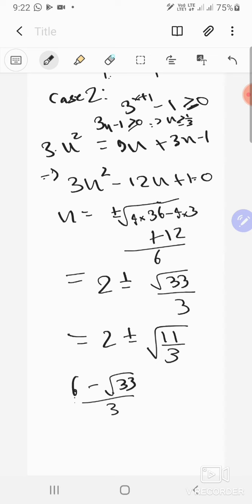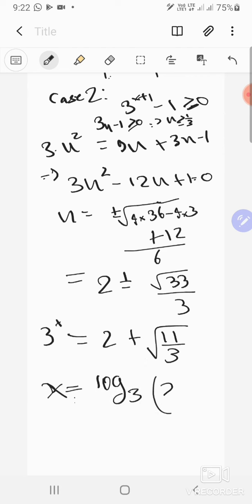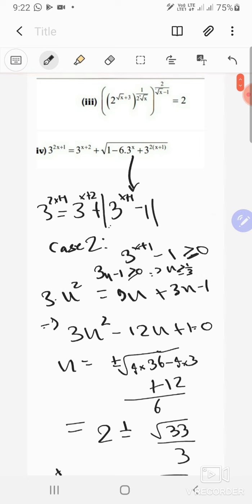We only get one solution, where u is the positive version. So u, which is 3 to the x, is this. That means x is equal to log base 3 of 2 plus root of 11 by 3. Fine, that's the solution to this equation.